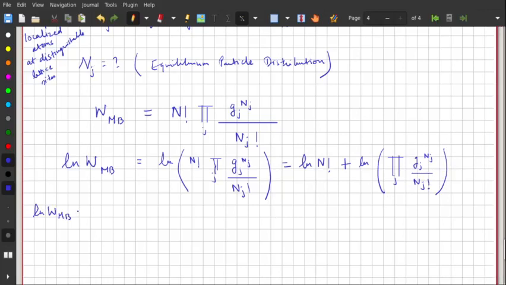The logarithm of the Boltzmann probability is log n factorial plus, now you see this is log of a product, and log of a product converts into a sum, so this becomes a sum over j of nj log gj, which is coming from this term, minus, this is in the denominator, so minus log nj factorial.